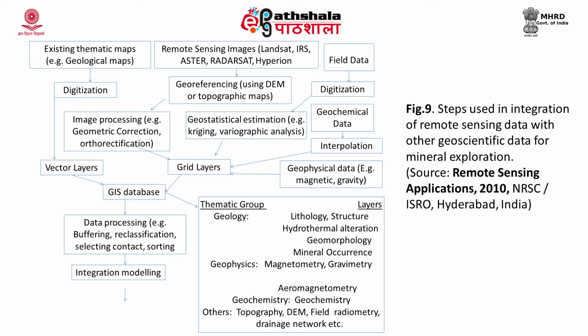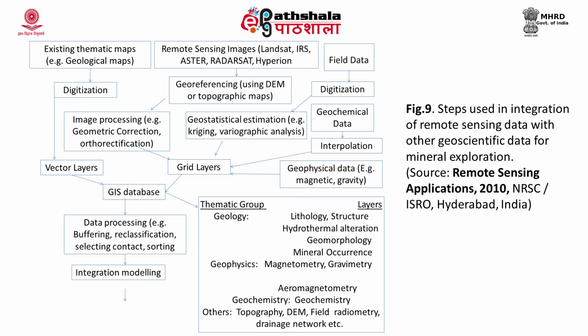The existing thematic geological map has to go for digitization. Similarly, field data will also go for digitization, and the remote sensing image will go for georeferencing using a DEM or the topographic map. After digitization of the thematic map, we prepare the different vector layers.